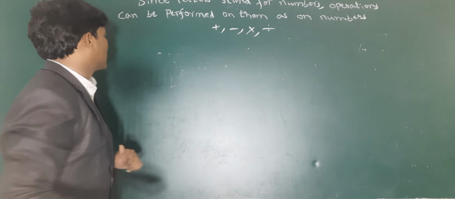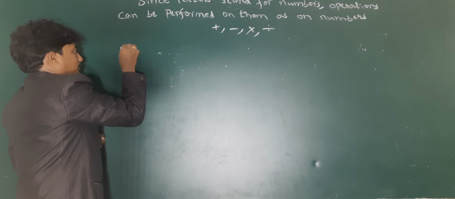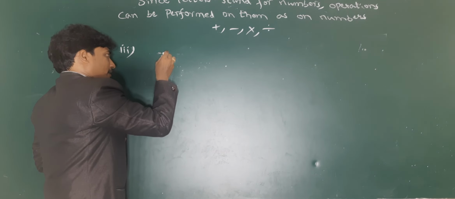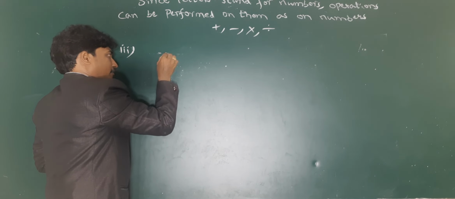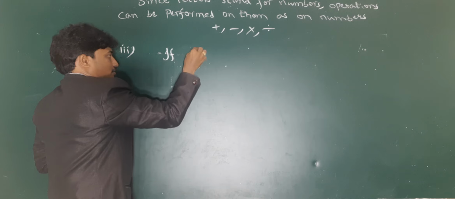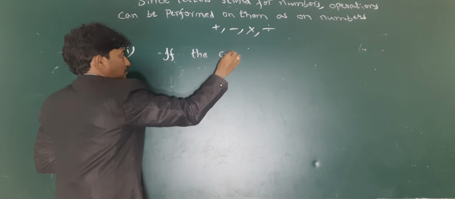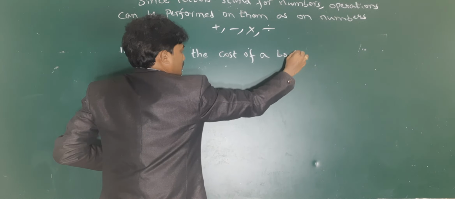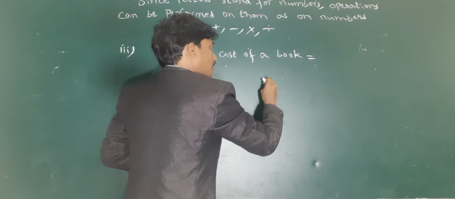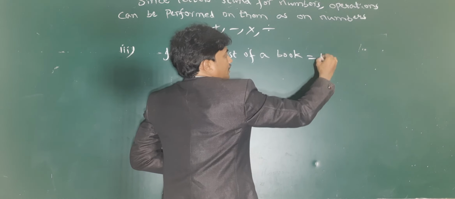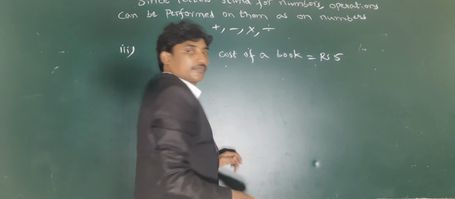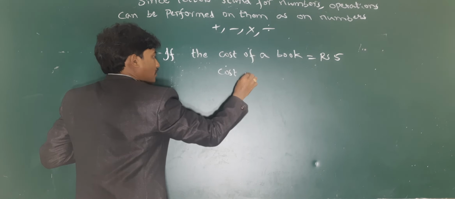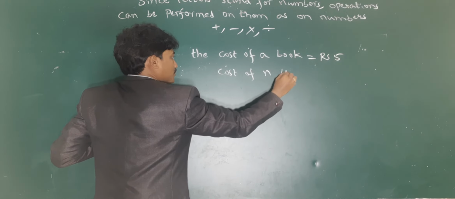Now let us take one more example. If the cost of one book is 5 rupees, what will be the cost of n books?